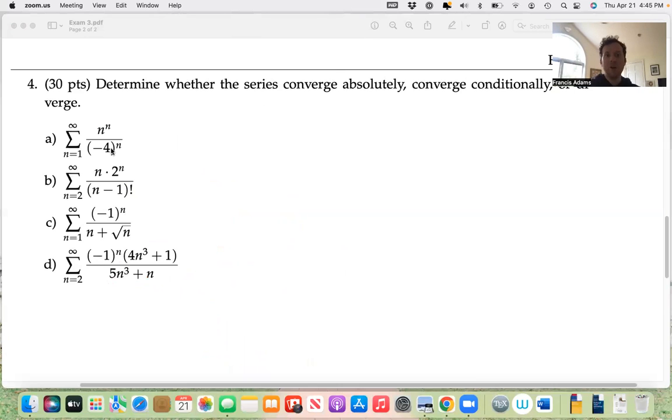So A, because it's so perfectly set up for the root test, this one can go pretty quickly as long as you know what the root test is and what conclusion you need to make based on the limit that we get. So for A here, we want to take the limit, and the root test says take the nth root of the absolute value of a_n, where a_n is the sequence in here.